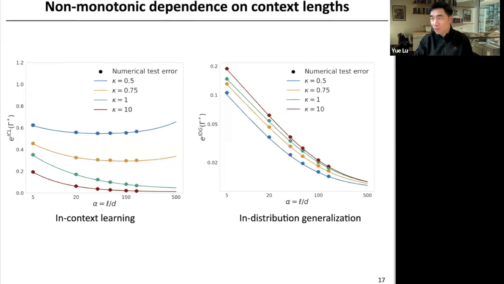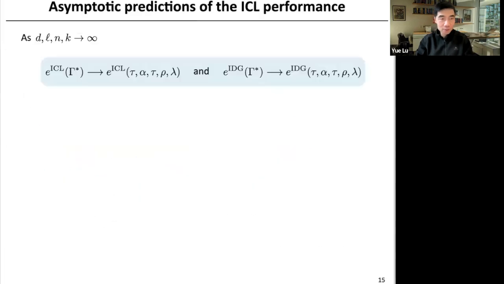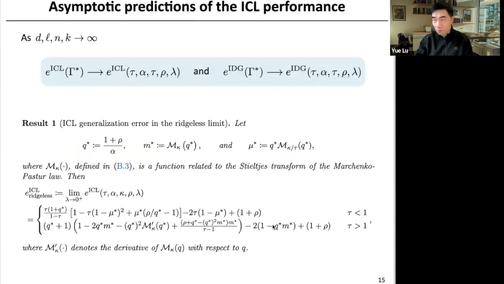We do not have an explanation, but we can even find out what the optimal alpha is because we have the theoretical curve. So in principle, we can just go to our theoretical prediction, take the derivative with respect to alpha, and we know what the optimal alpha is.